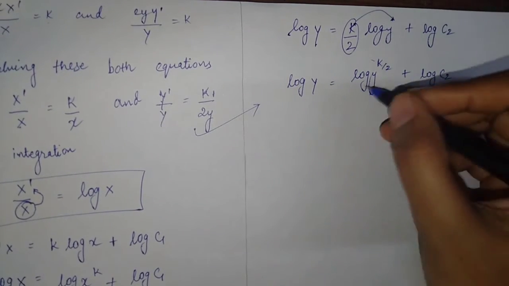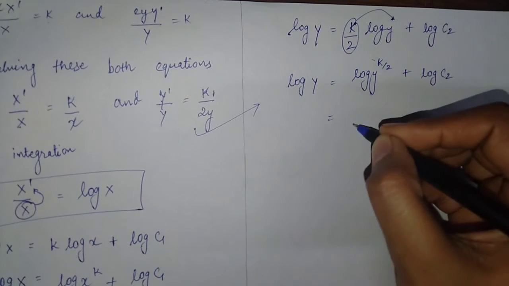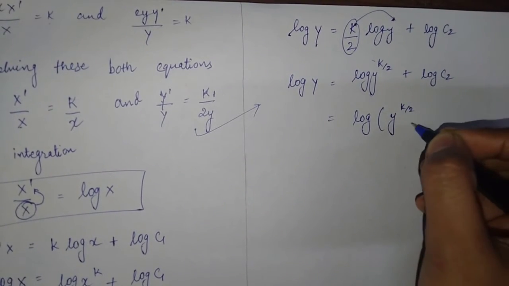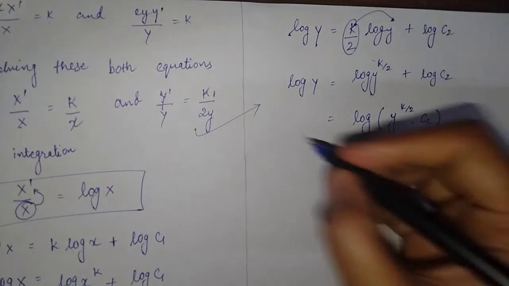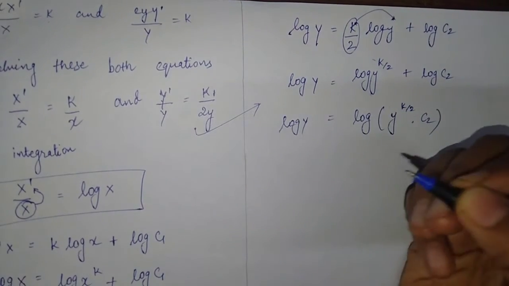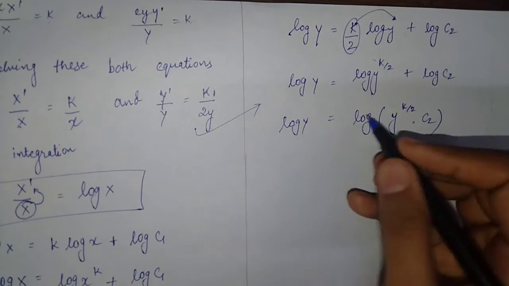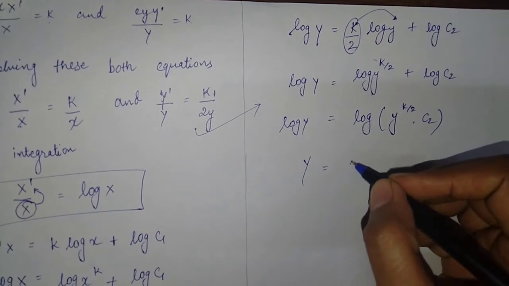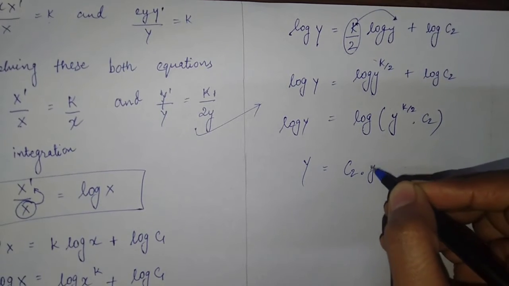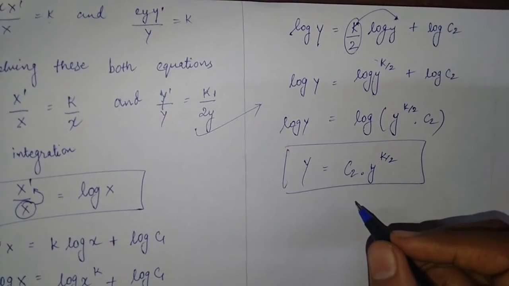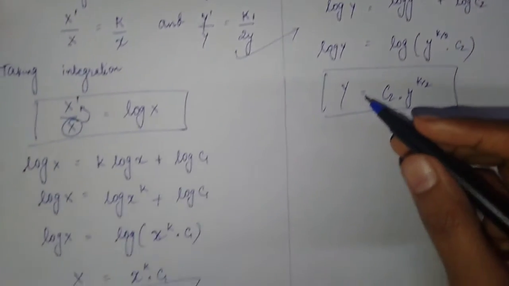Okay, now again these terms are in addition, so we can write its product. So it is y into y raised to k by 2 into c2. That is equal to log y. So finally we will cancel this log from both the sides and we will get y equal to c2 into y raised to k by 2. So we got the terms x and y.